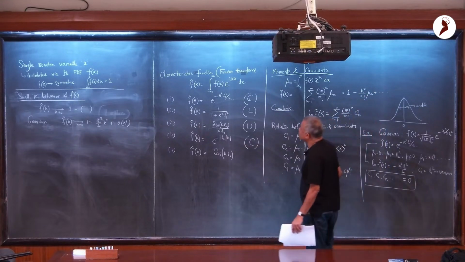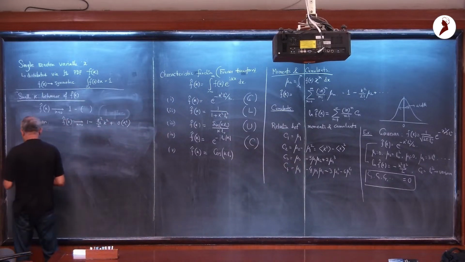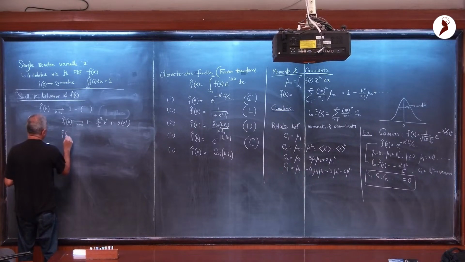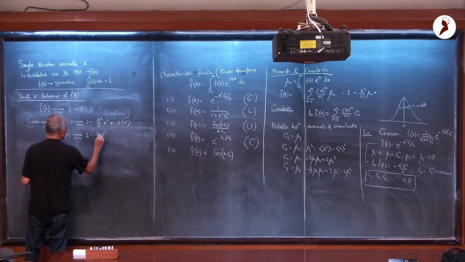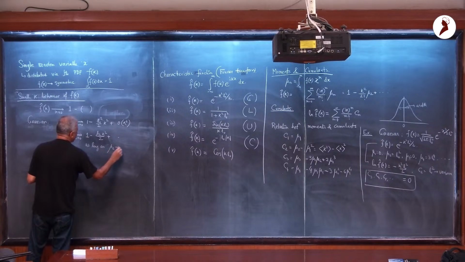whenever the mu 2 exists, okay, then you always have in general that f tilde k behaves like mu 2 k square over 2 as long as mu 2 is finite.